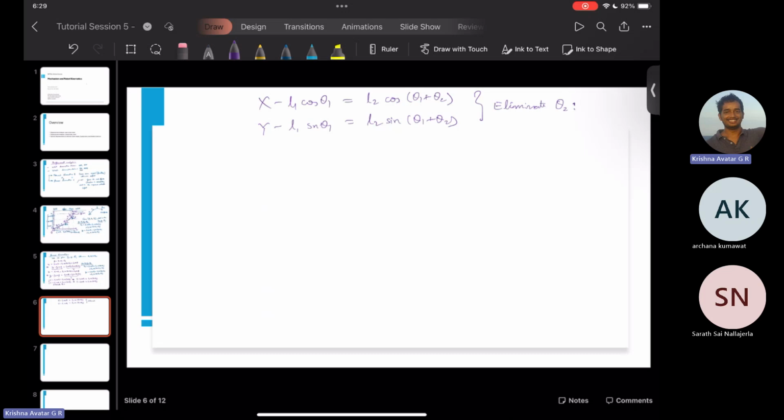So what we will be doing is let's use the trigonometric identity, which you know very well by now, that sine square psi plus cosine square psi is equal to 1. So that's what we are going to use. For this, we will square and add both the above equations.